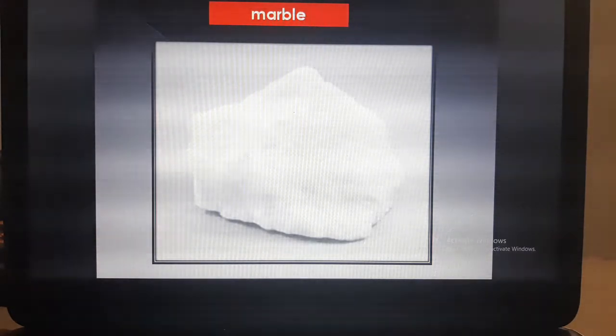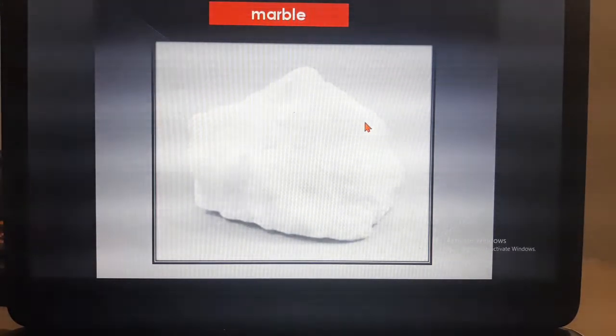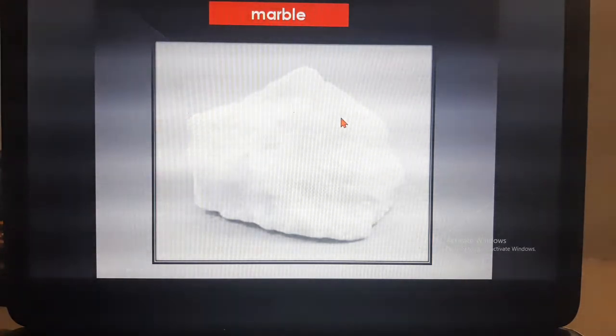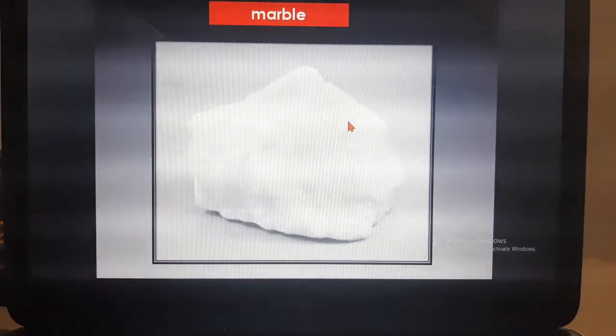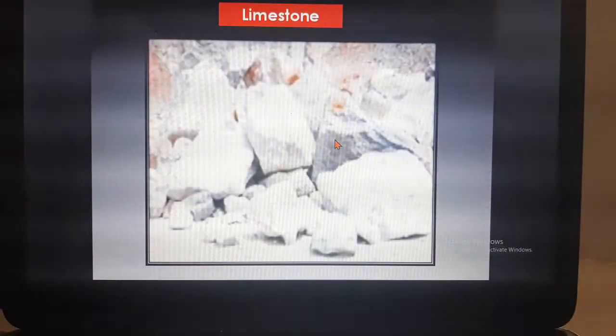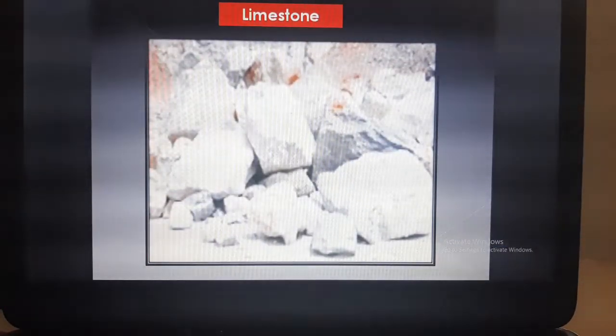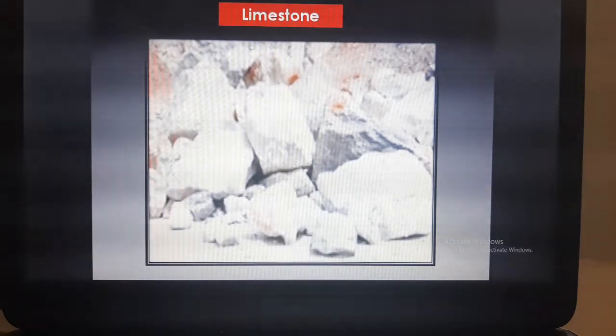Here you can see this is a marble. It is white, shiny and hard. Next you can see this is a limestone. Limestone is white in color.